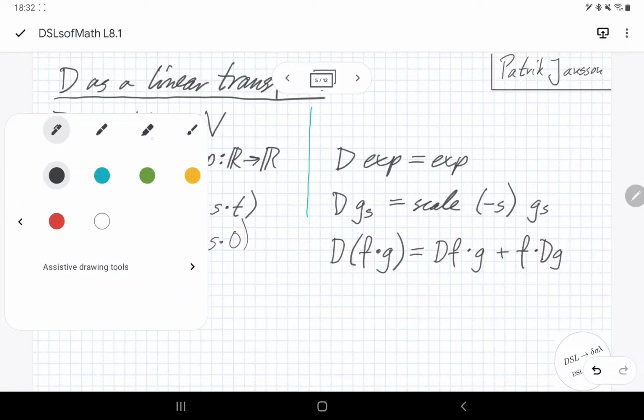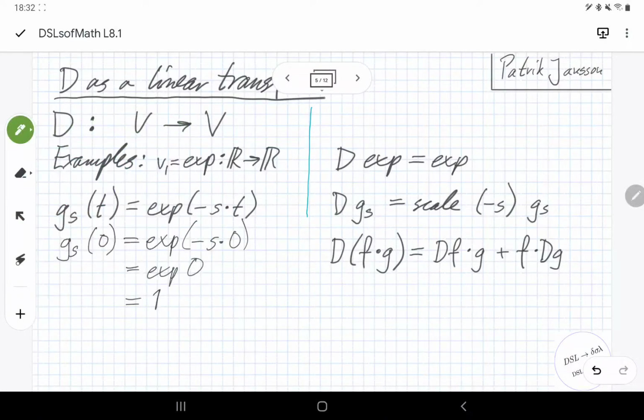I can make a small sketch here. If we have the t-axis going away in this direction, and then we have 1 here, we know that all of the gs start at 1. Then let's see, 1, 2, 3, 4, 5, 6.